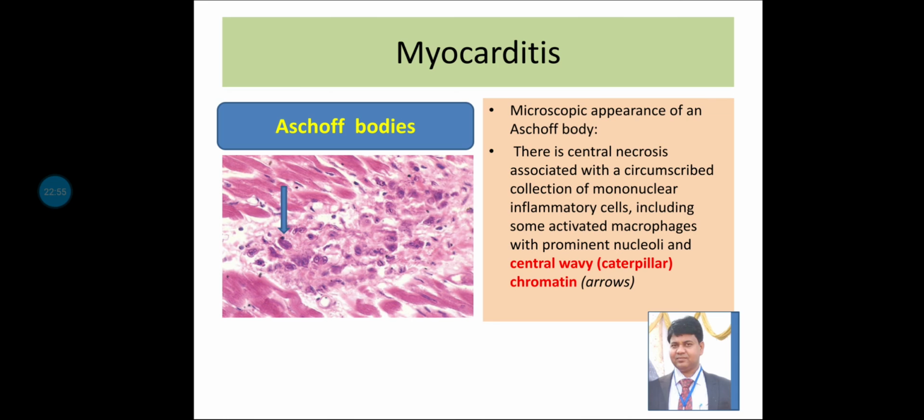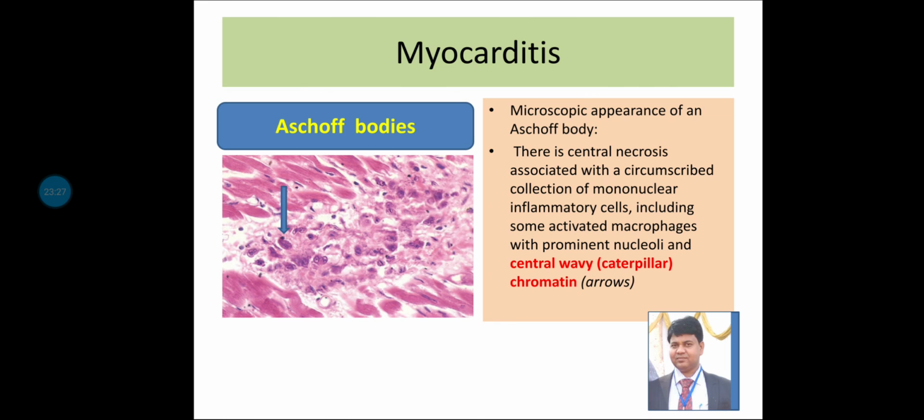The macrophages are basically large giant macrophages, and they have elongated nuclei, and in the nuclei we can see ribbon-like chromatin, and this chromatin pattern is also called caterpillar pattern, and these cells are also called caterpillar cells.